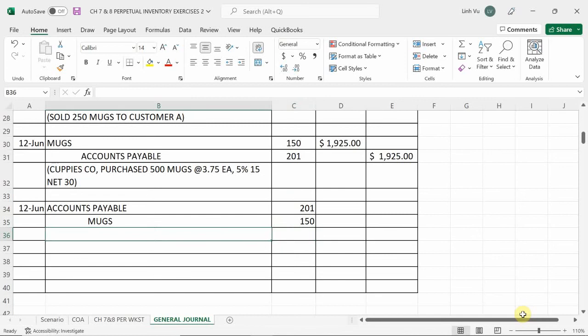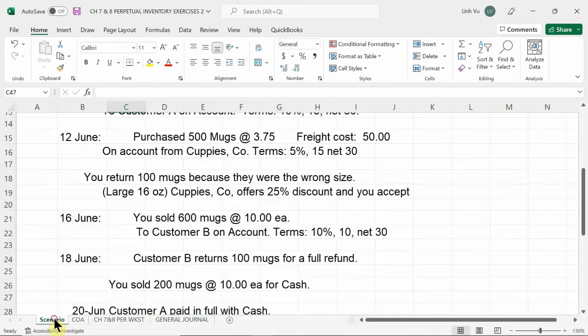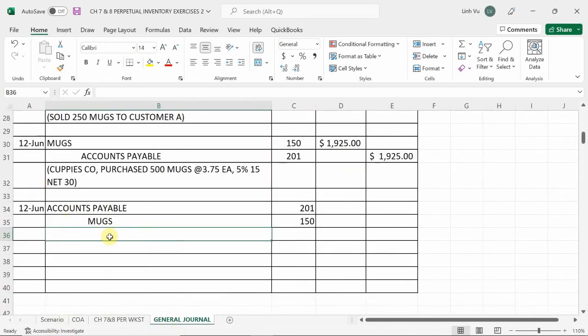Now in this case, if I am trying to return 100 mugs for a 25% discount, how do I calculate how much my refund is going to be? Currently, when I purchase my inventory items, how much did they cost me?